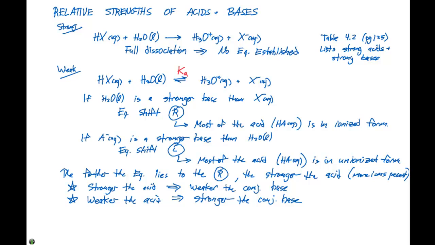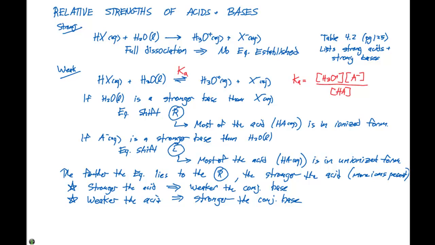So for this particular case, our Ka is going to equal the concentration of H3O plus times the concentration of A minus divided by the concentration of HA. And remember, when we write equilibrium constants, we do products divided by reactants, and we don't include species that are pure liquids.